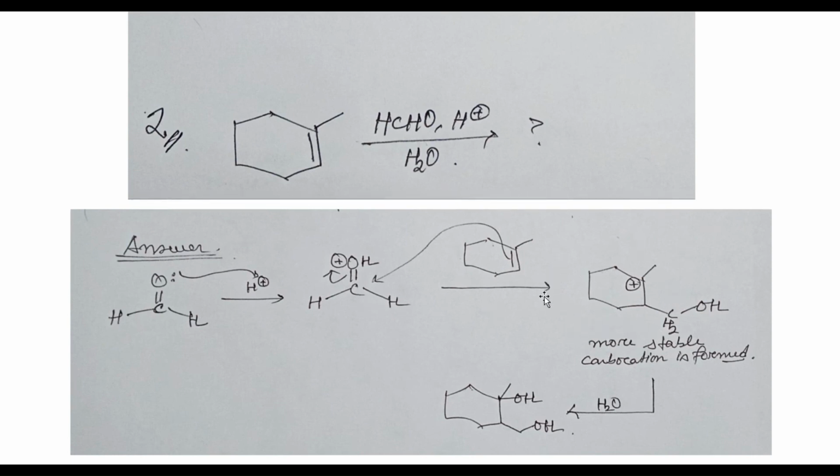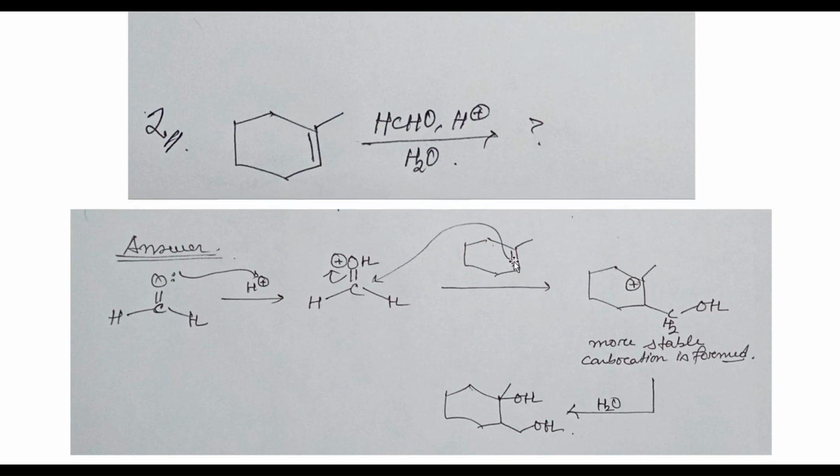Here there must be a question: why does this pi bond break from this carbon, and why not from this one? Because you can see this carbocation is 3 degree. Why 3 degree? Because this carbon is attached to three neighboring carbons, this, and this. So this is a 3-degree carbocation.